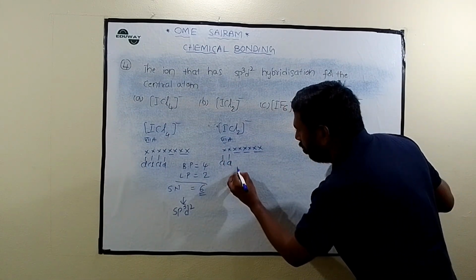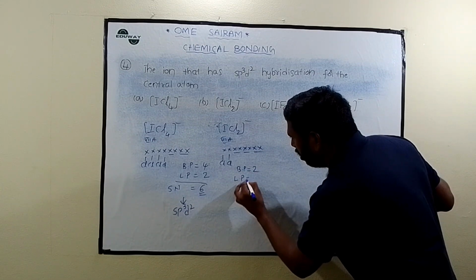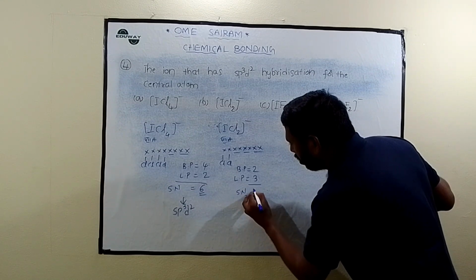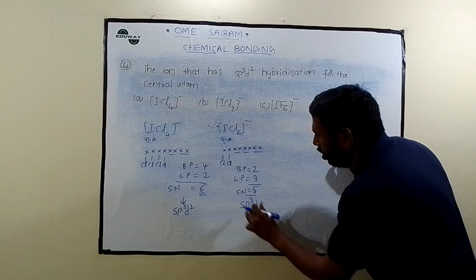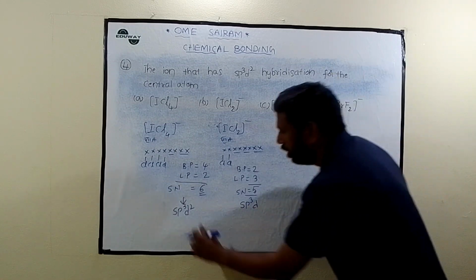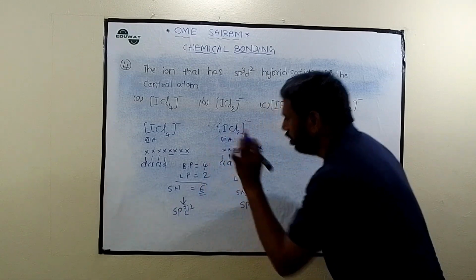Here there are 2 bond pairs, and 3 lone pairs. Total steric number 2 plus 3, 5. That means hybridization is sp3d. So 1 plus 3, 4; 4 plus 1, 5. Okay, sp3d2 means 1 plus 3, 4; 4 plus 2, 6. Steric number is 6.